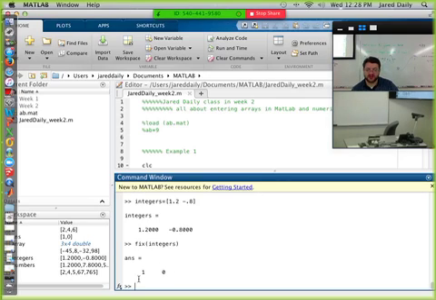So it rounds them in the direction that 0 is from their relative position. Since negative 0.8 is actually closer to 0 than it is to 1, it rounded it to 0.